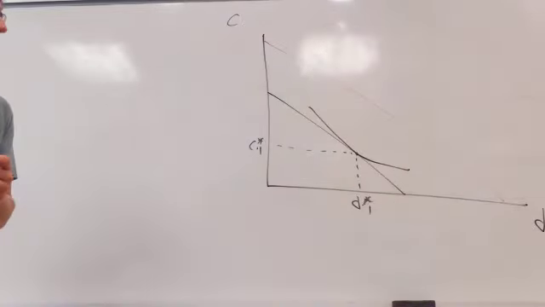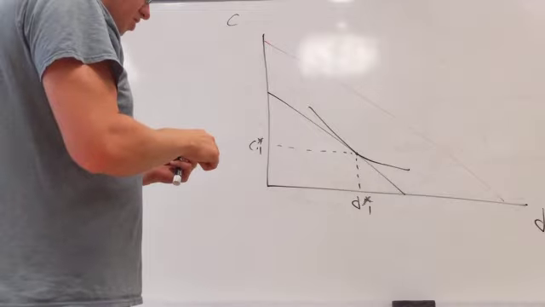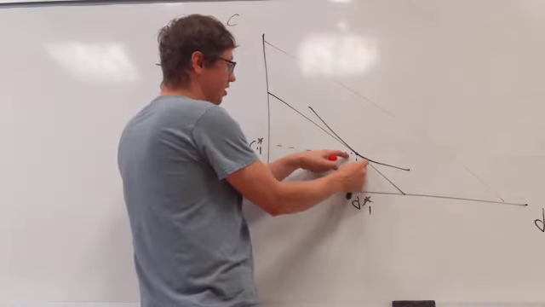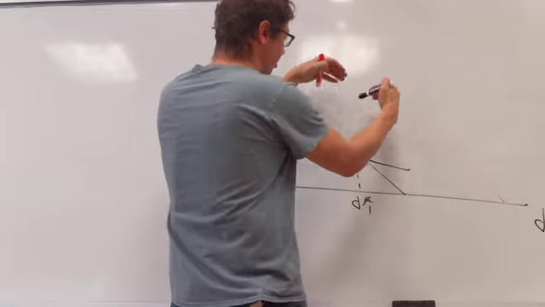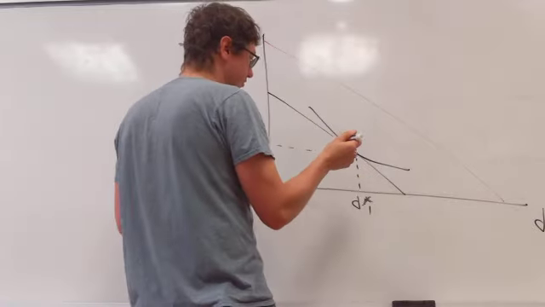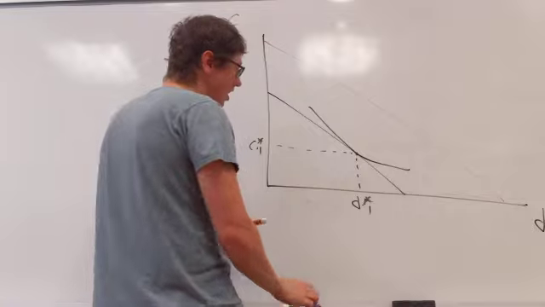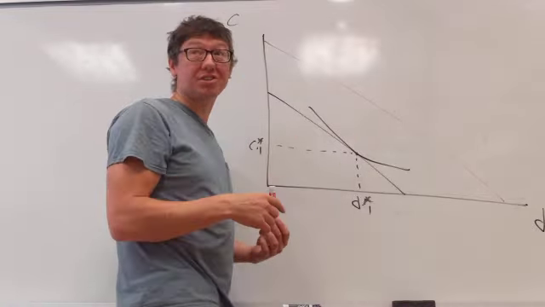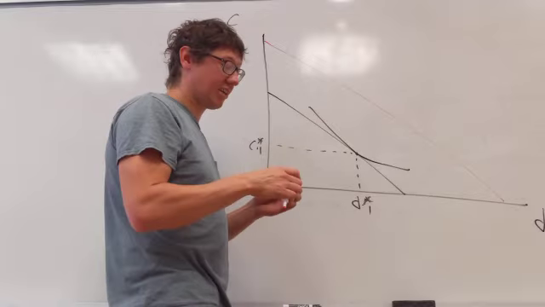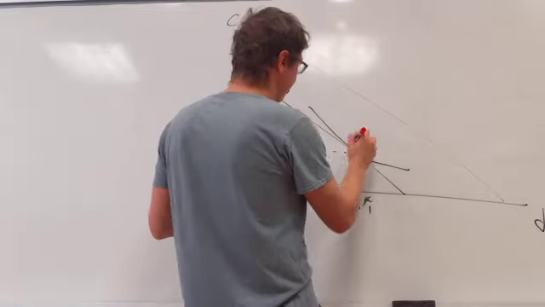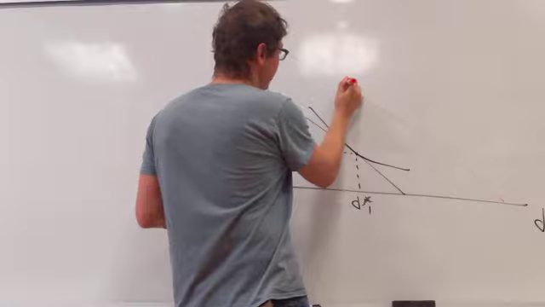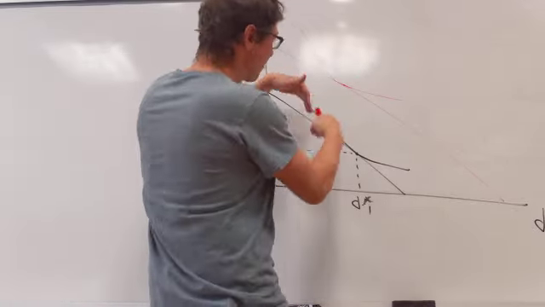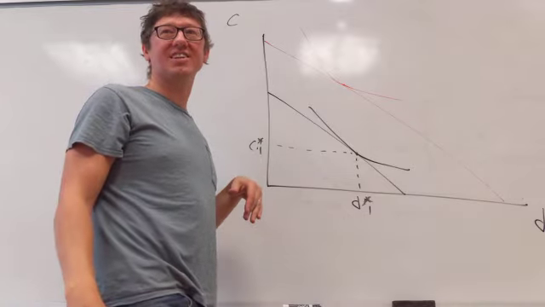They're no longer maximizing at C star 1, D star 1. They can move to a further out indifference curve. I'll try to draw a new indifference curve that is roughly parallel to the previous one, although it's going to be a bit of a reach. So maybe they move out to this indifference curve, which is roughly parallel to the old one.